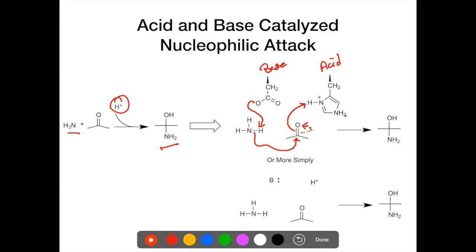It can accept that pair of electrons, and then it will go and pick up the proton. But I show it all as one movement. And so we then have the nitrogen attached to the carbon, which is right here, and this ketone now becomes the hydroxide, and the hydrogen right here is the hydrogen right there.